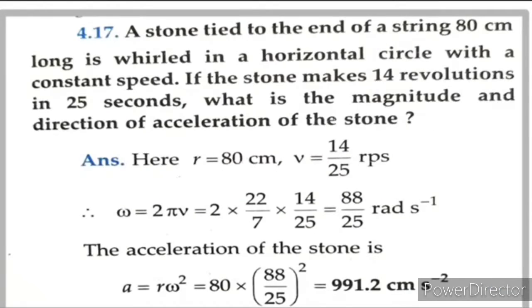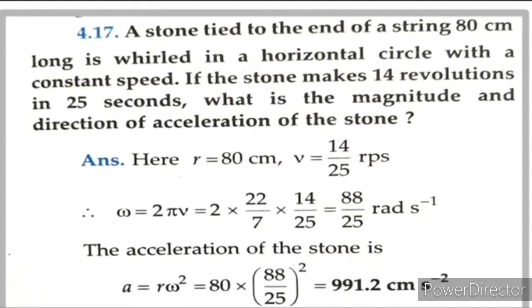Now coming to a similar problem from the textbook, that means exercise 4.17. A stone tied to the end of a string 80 centimeter long is whirled in a horizontal circle with a constant speed. If the stone makes 14 revolutions in 25 seconds, what is the magnitude and direction of acceleration of the stone?